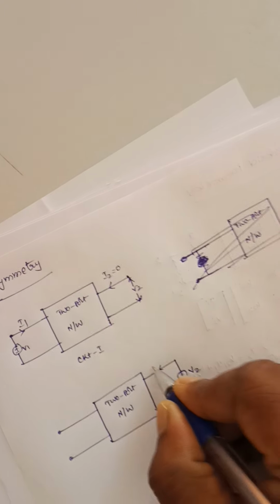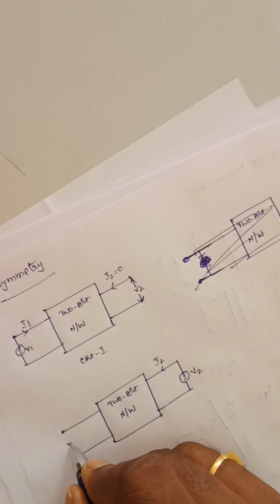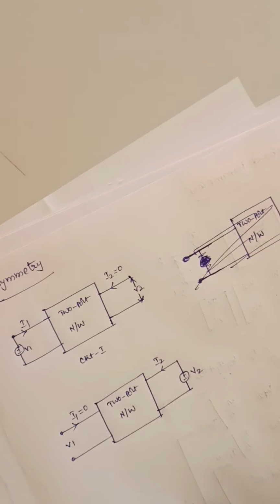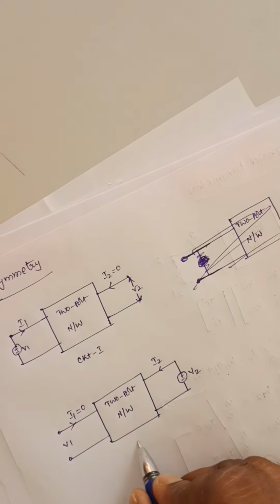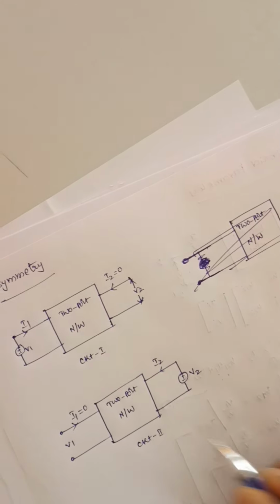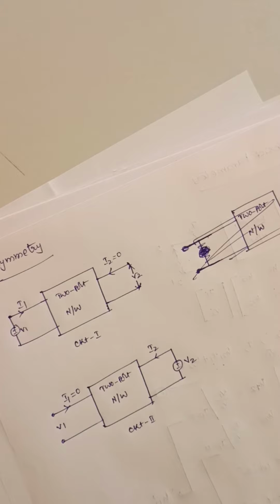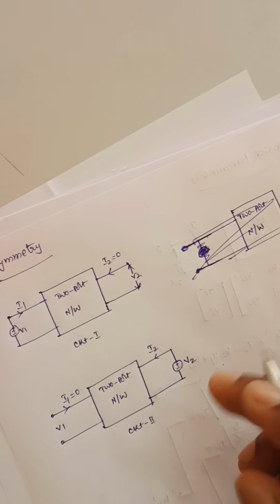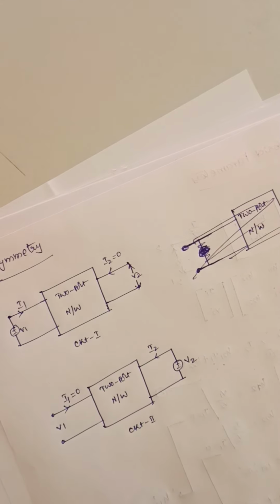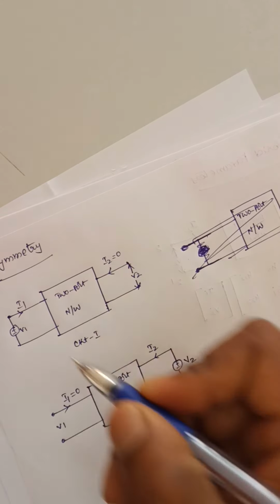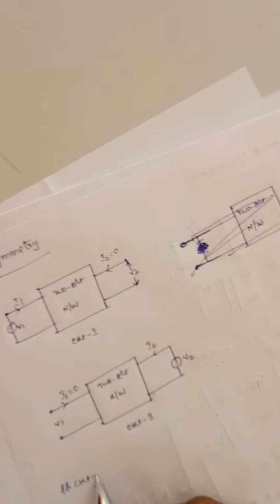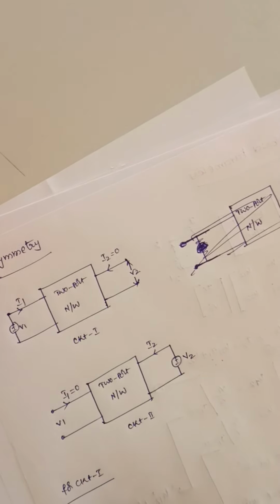It is V2, it is I2, it is V1, it is I1. Since this input port is open circuited, I1 is equal to 0. It is circuit 2. So while we are deriving this condition for symmetricity of a network, let us take the circuit 1 here. For circuit 1, what is the condition? I2 is equal to 0.